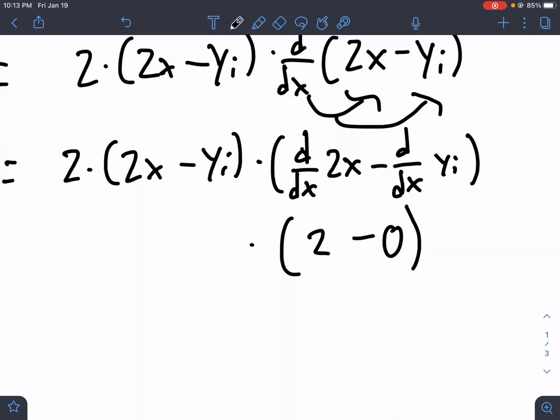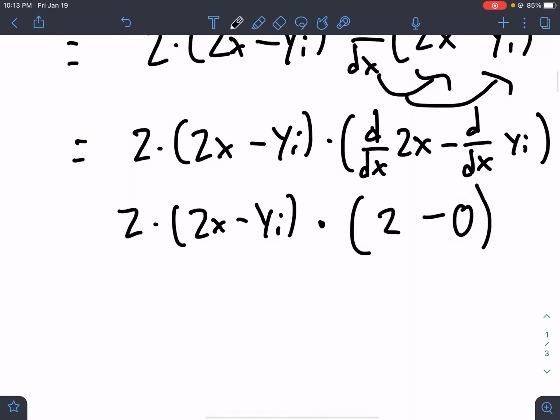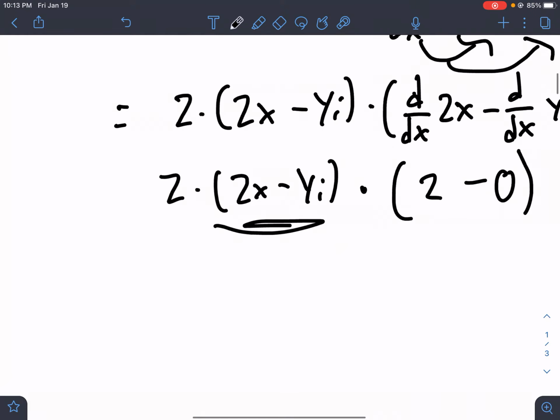So that just simplifies to 2, and we have 2 times 2x minus yi times 2, so that's just 4.